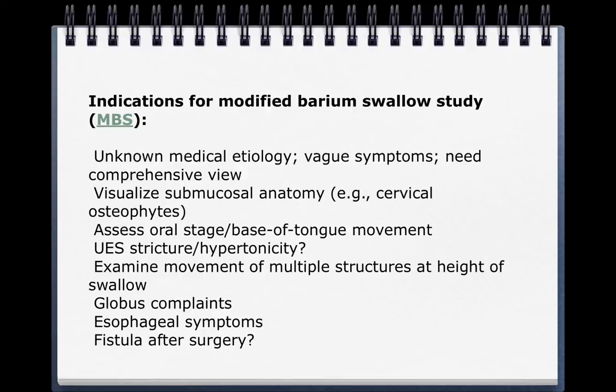If I wanted to look at multiple structures at the actual moment or right before the swallow takes place, if I want an overall picture of what's happening in the oral cavity, near the epiglottis, right below the epiglottis, possibly even lower than that, then again, I'll need an MBS.